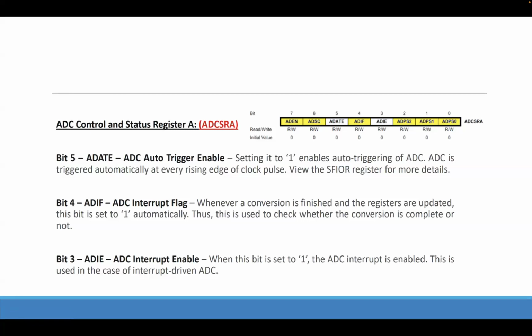We have ADIE, which is called ADC interrupt enable. If we want to enable the ADC interrupt, we put this bit to 1. If we will not use the interrupt, we leave it as 0.